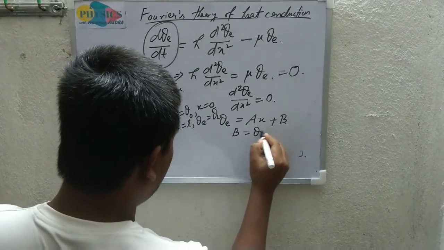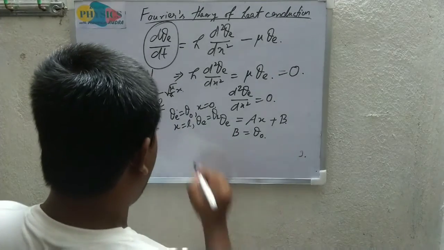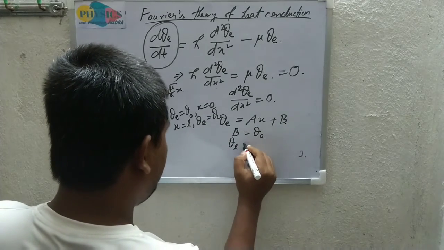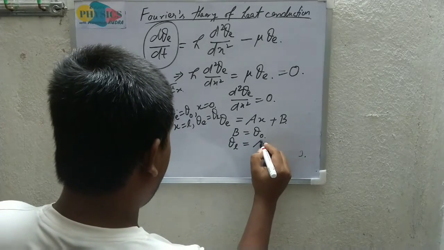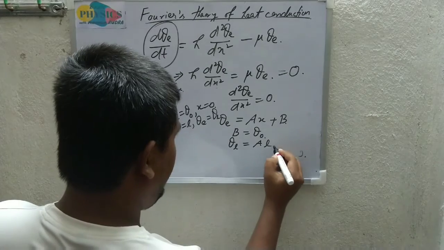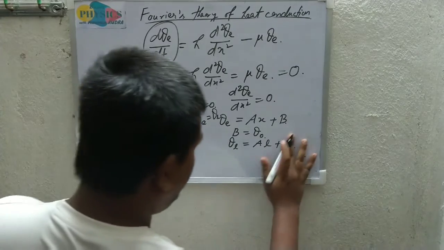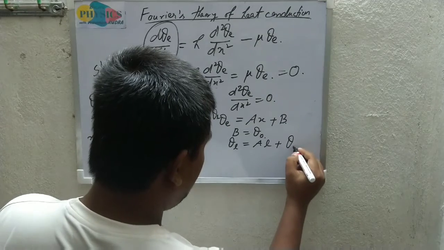Then we get b equal to theta 0 first, and theta L equal to A into L plus B, where B is theta 0.